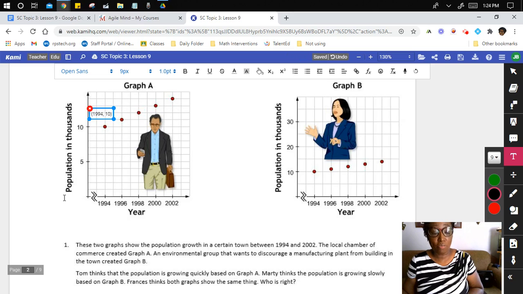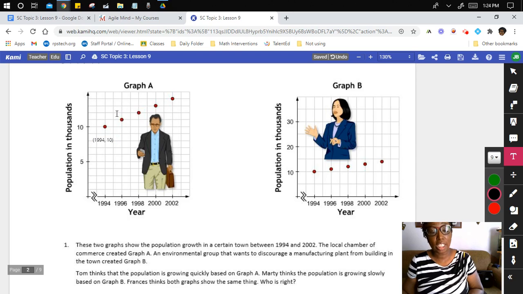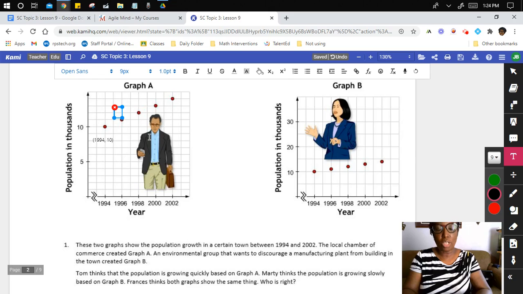Let's look at the next graph. This is counting by ones. This one is 1996, only one step above, and that's 11. So in 1996, the population was 11,000. Parentheses always go on your points.